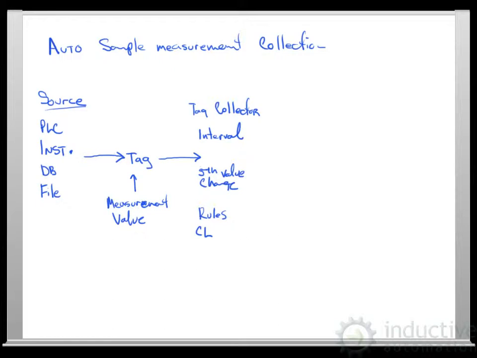So it takes that sample at that interval and it goes over into our database. And the database also, at that same time, is when it evaluates the rules and control limits and things.